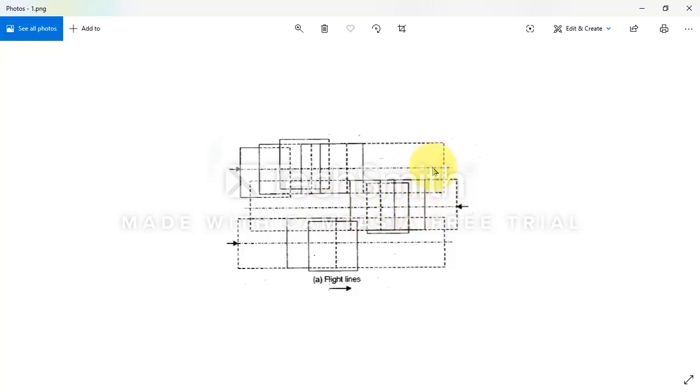The previous flight line photographs and this flight line photographs are overlapped sidewise also. This one is called side lap. This one is called forward lap, which we will discuss further.